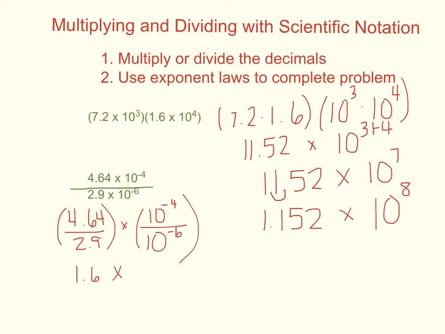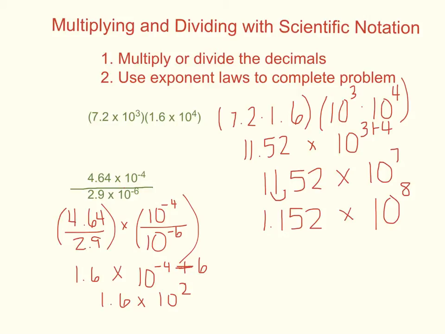And the rule for dividing exponents is you subtract your exponents. So it would be 10 to the negative 4 minus a negative 6. Minus a negative becomes a plus. So negative 4 plus 6 would equal 2. So my answer would be 1.6 times 10 to the 2nd power.